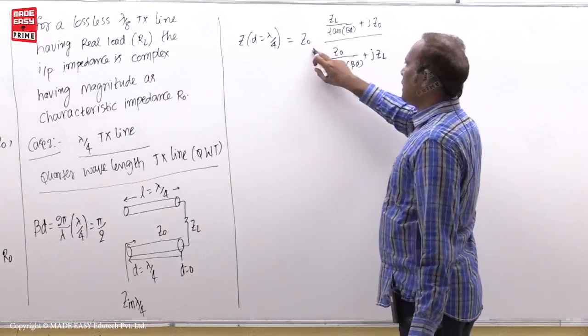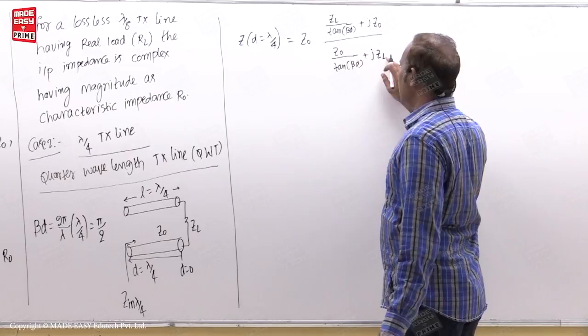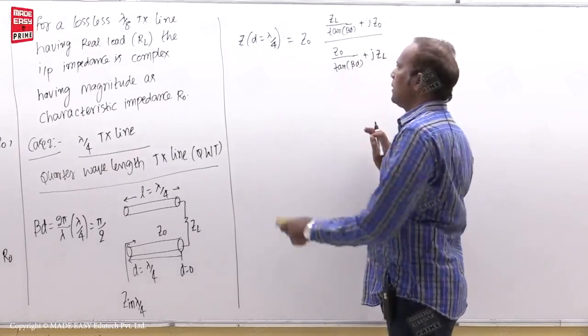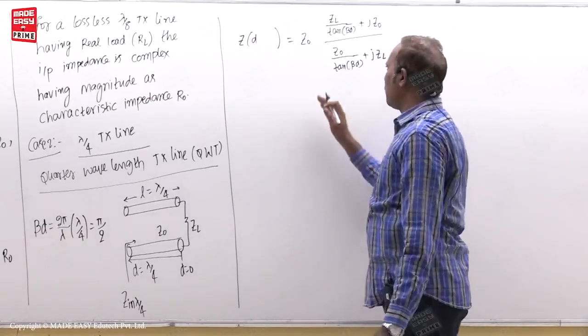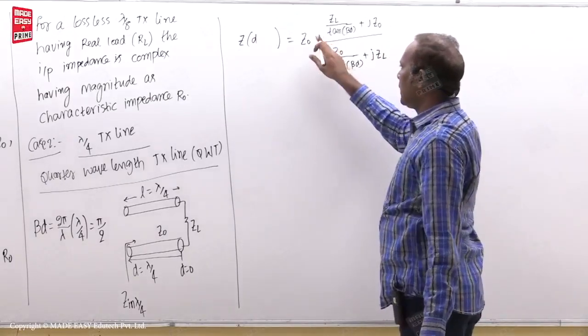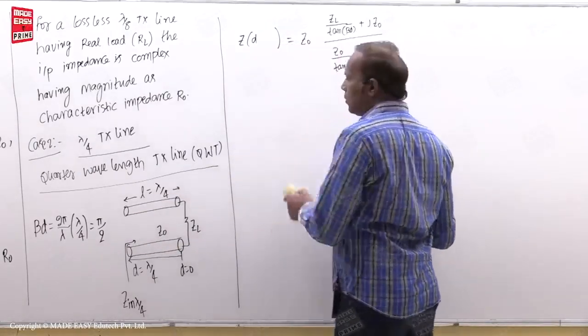Actually it is Z0 (ZL plus jZ0 tan βd) divided by (Z0 plus jZL tan βd), because we pulled out tan βd, so that here tan βd cancels, because it is becoming tan π by 2, infinity.